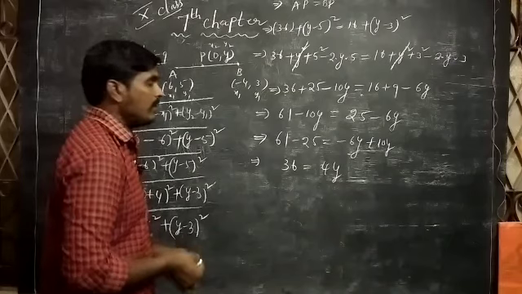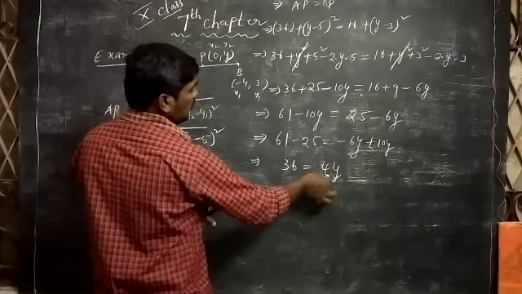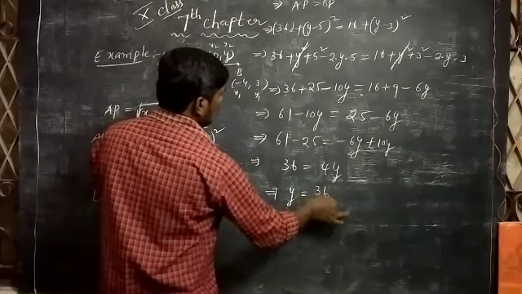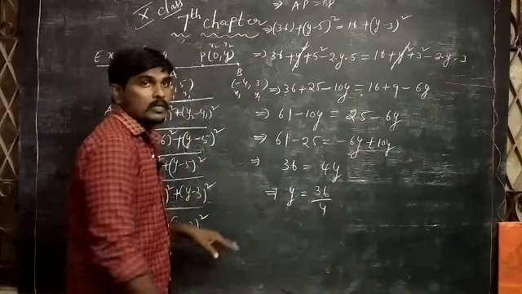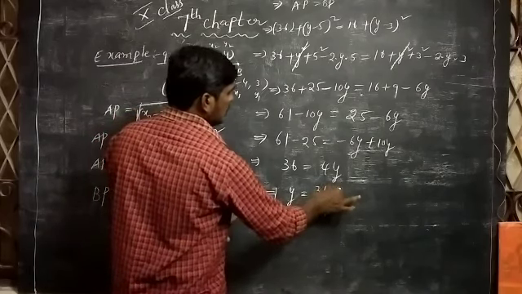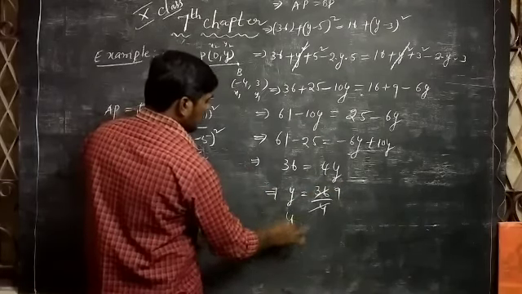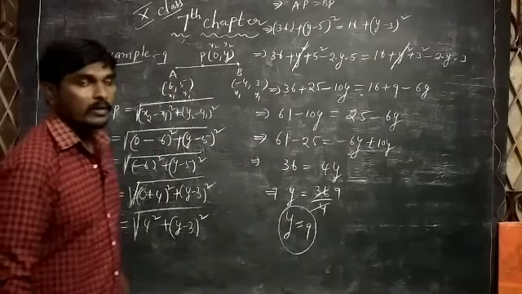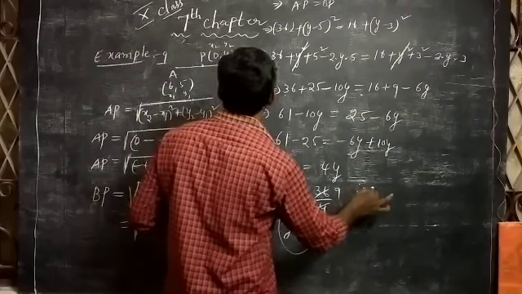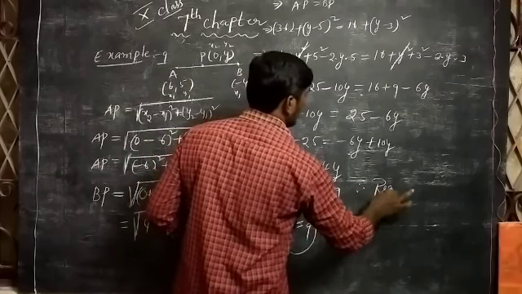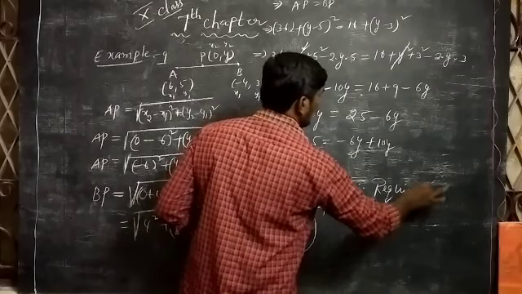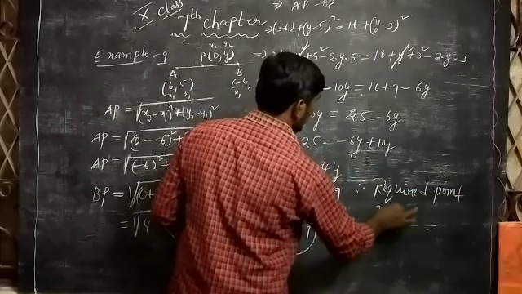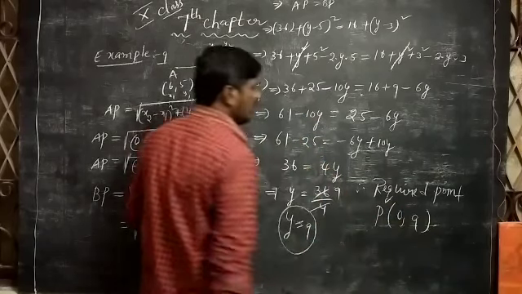We want to find the y value, so the coefficient 4 transposes to the other side, 36 by 4. 4 nines are 36, so y value is 9. So the required point P, 0 comma y, you can write 9.